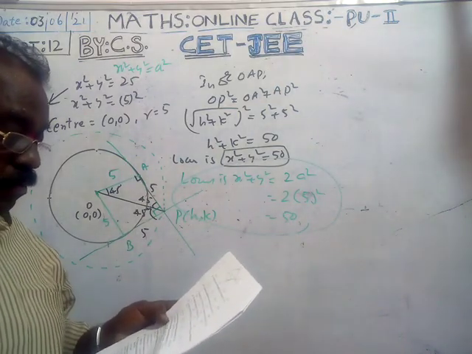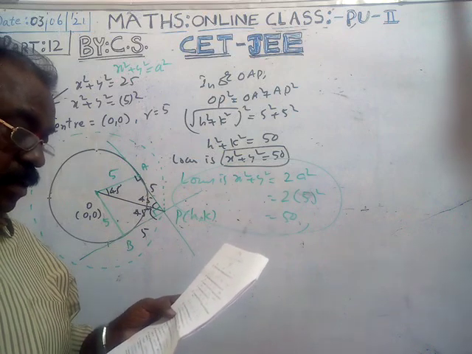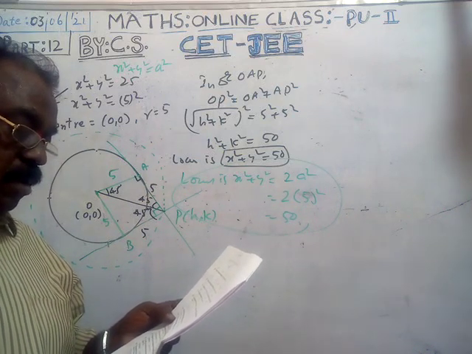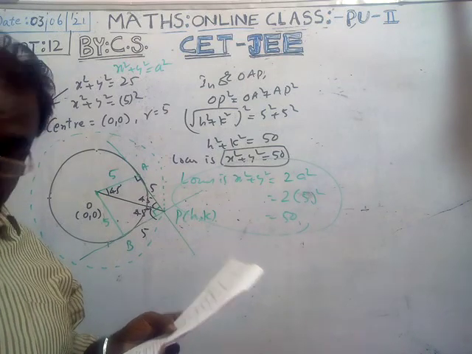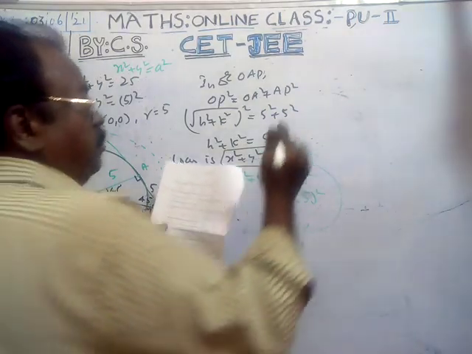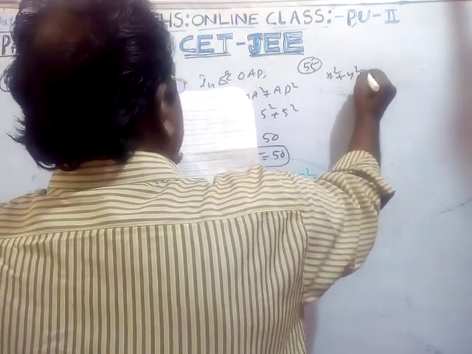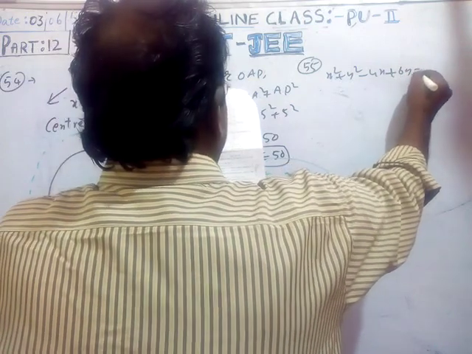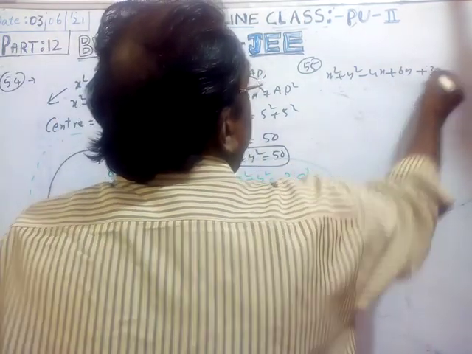The locus of the point of intersection of perpendicular tangents, same concept. But here the circle is x square plus y square minus 4x plus 6y plus 3 is equal to 0.